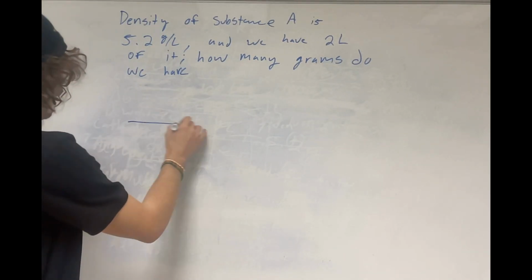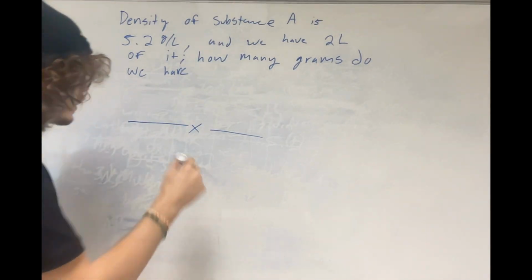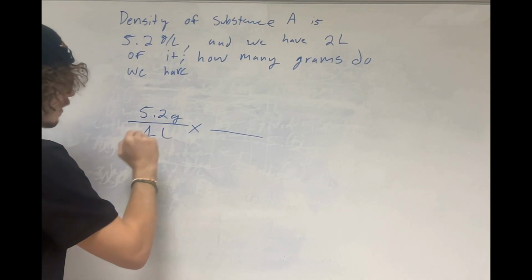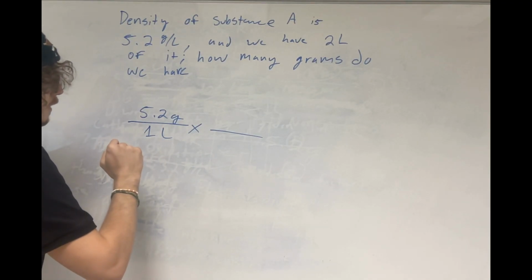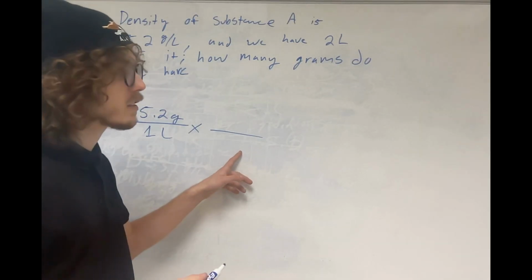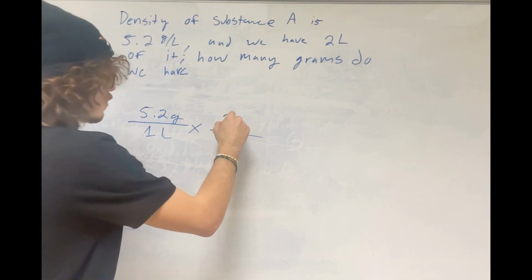So using step 1, we're going to write what we're given. But remember how I said earlier, what you have to do is take the 5.2 grams and put it over 1 liter. Okay? Now your conversion factor isn't going to be a ratio between things. It's going to be just 2 liters, right?